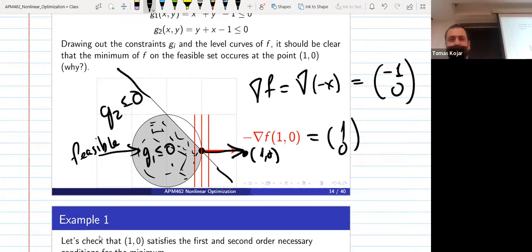So this is the minimizer. The minimizer will be the one whose tangent space is normal to the gradient. If you remember from 236, you slide your tangent space till you hit the set. So you move along the gradient till you hit the set, and this guy over here will be the minimizer. This dot is the minimizer.